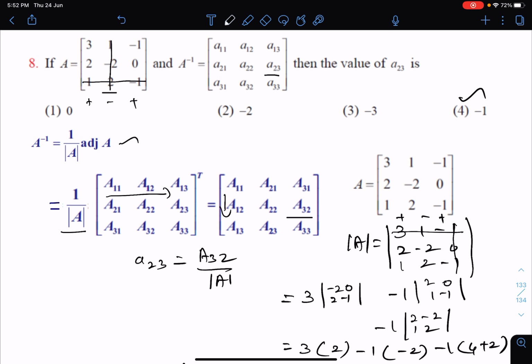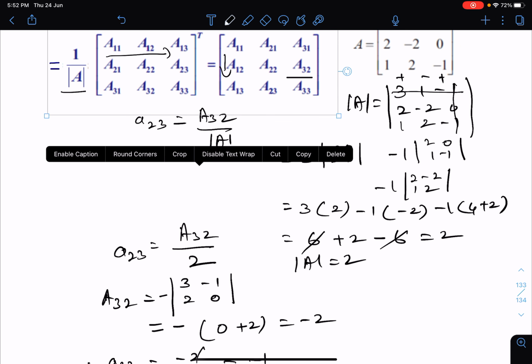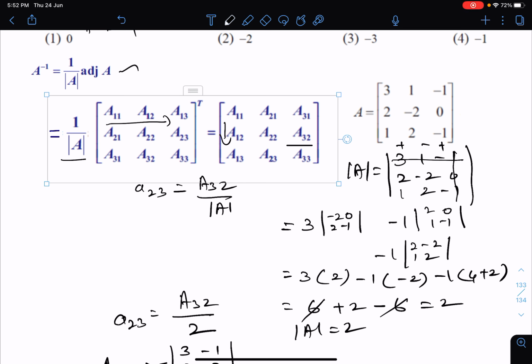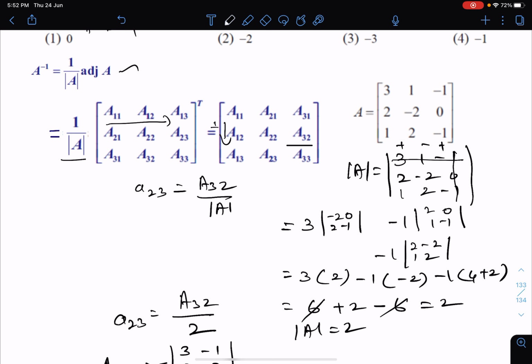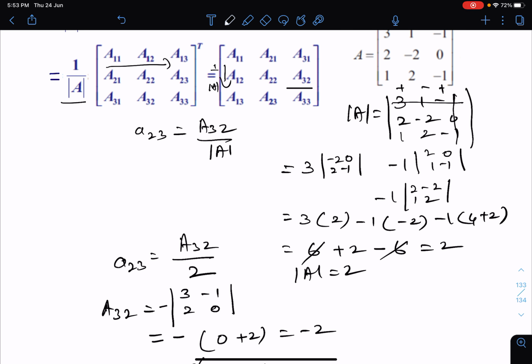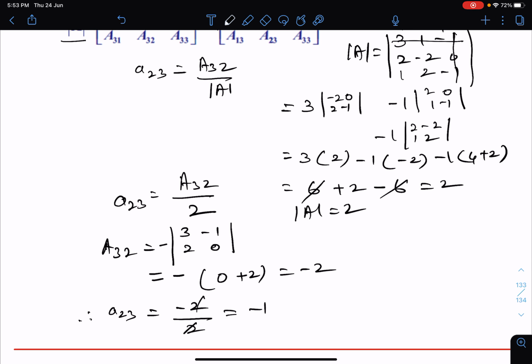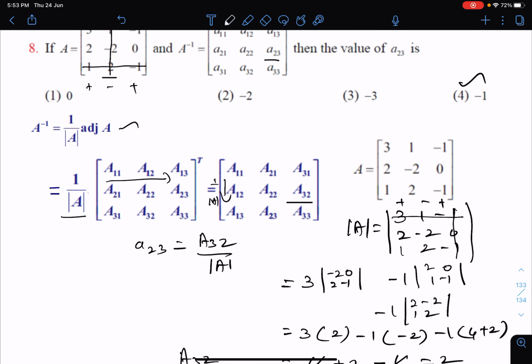You should not forget 1 by determinant A; for each and every element you are going to divide by determinant A. So I have taken only A32, calculated it from our matrix A, and then divided by determinant A, also from the matrix A. So you get the answer as minus 1. Is it clear? Thank you.